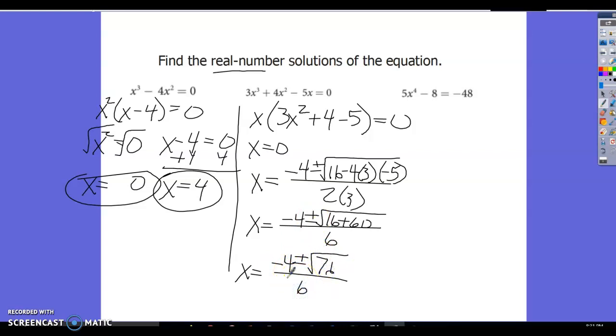All right, let's bring this up here. So we've got negative 4 plus or minus the square root of 76, which is 4 times... 4 goes into 7 once, 16, so 4 goes into 16.